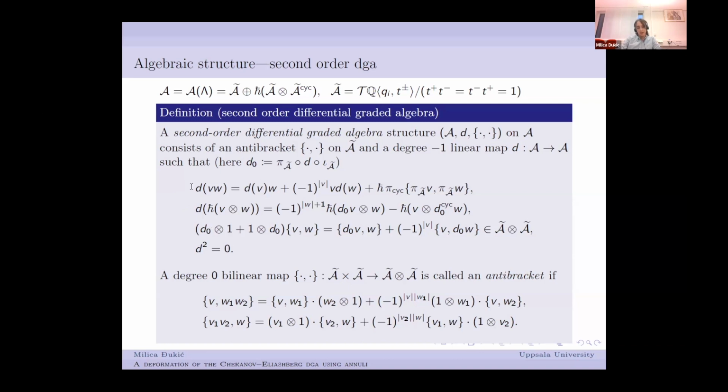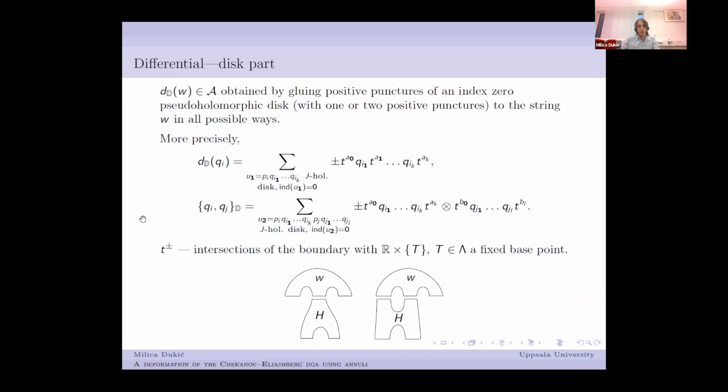Here it tells us that D is actually not a derivation with respect to this algebra product, but in addition to this Leibniz type rule, we have this bracket. So it looks like this BV algebra relation. And yes, now we can go on to define these three parts of the differential.